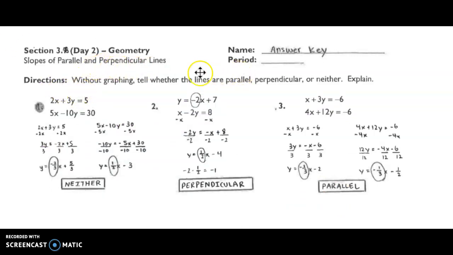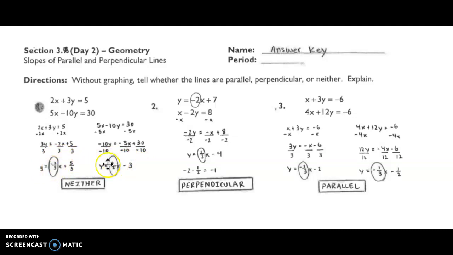In part 2 of 3.8, in the beginning here, it says without graphing, tell whether the lines are parallel, perpendicular, or neither. And a lot of this seems like tedious work, but it's going to be most beneficial to solve for y equals mx plus b so that you can easily tell the slope values, right?